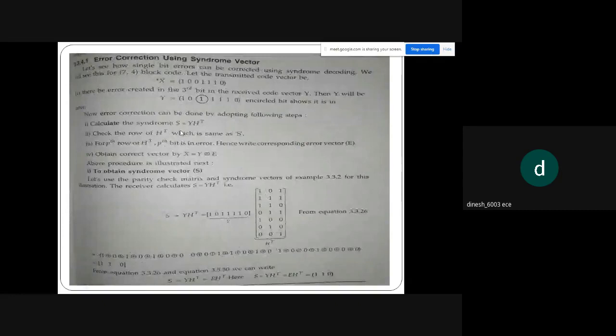We had done 4 steps. One, we calculated S is equal to Y H transpose, and we found the syndrome 110. We found in which place it is present. It is present in the third row. So in the error vector, I can write that the third bit is an error. That vector I'll write as E. Then I'll do modulo 2 addition with y. So if you do, we'll get the x value.